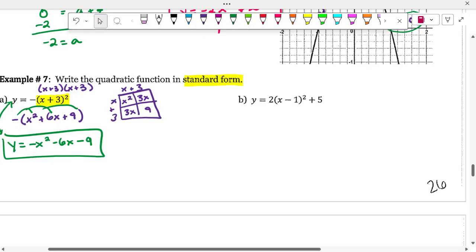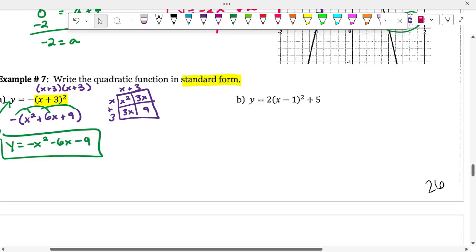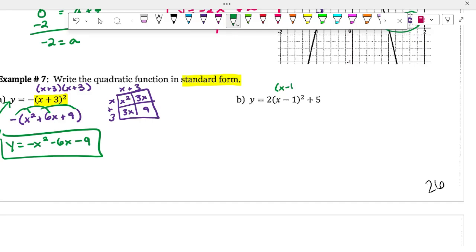All right, last one we're going to do. What will be my first step to converting this? Multiply x minus 1 times x minus 1. Just for time's sake, I'm not going to do the box, but just know you can.